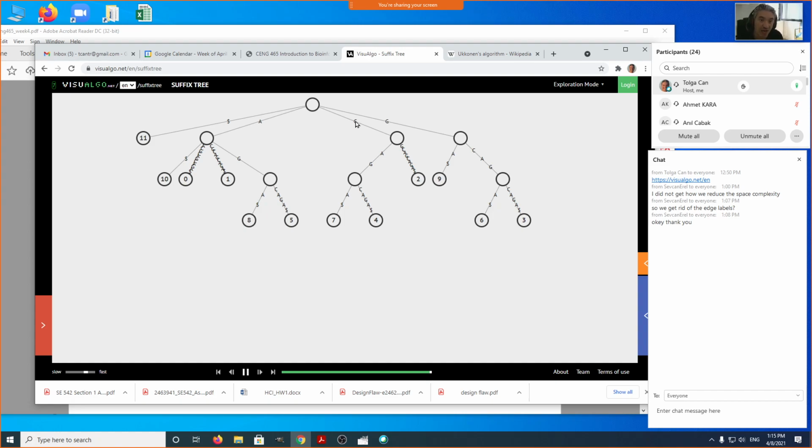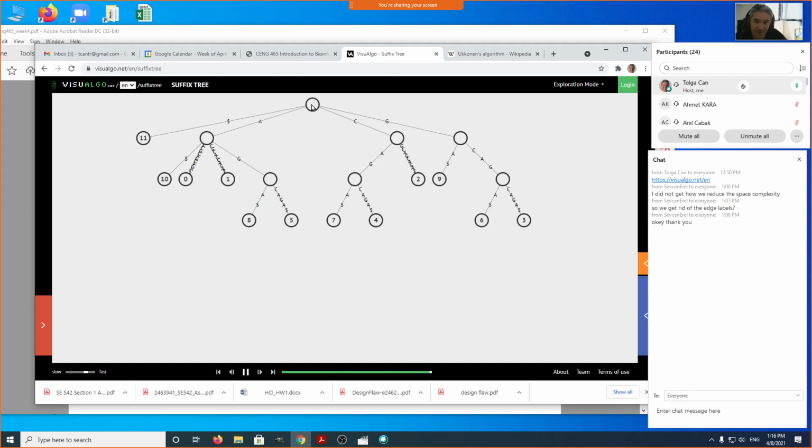For example, if you have A, C, G, T, you can have an array of children, the descendant nodes of an intermediate node. In that case, in order to figure out whether there's an edge that starts with a C, you always look at a specific position. For example, the first position in that child list always denotes C. You immediately go there and see whether there's a subtree leading out of that position. If it's null, it means that there is no edge that starts with C. You may also implement it like that. So that's an implementation issue.